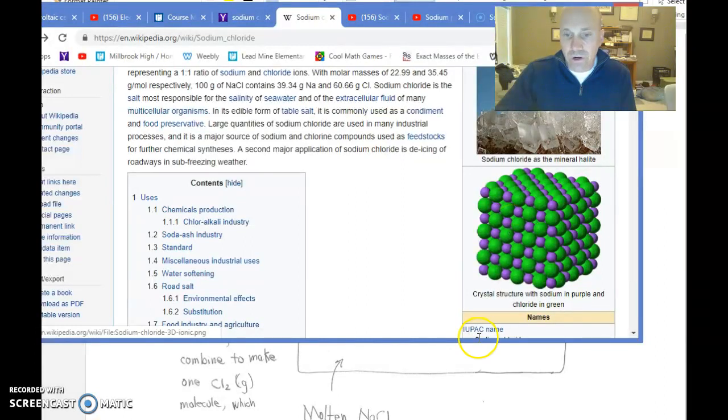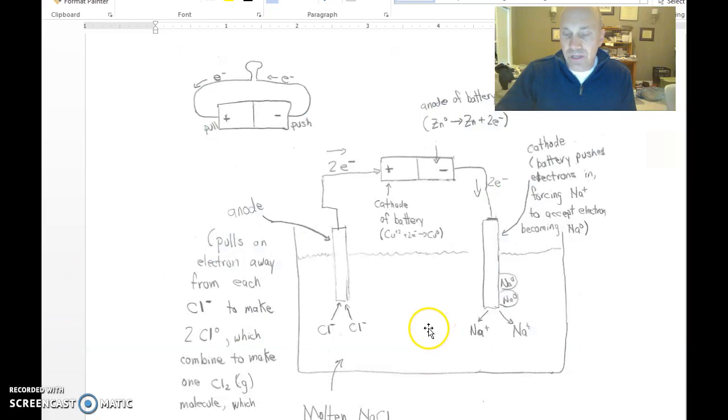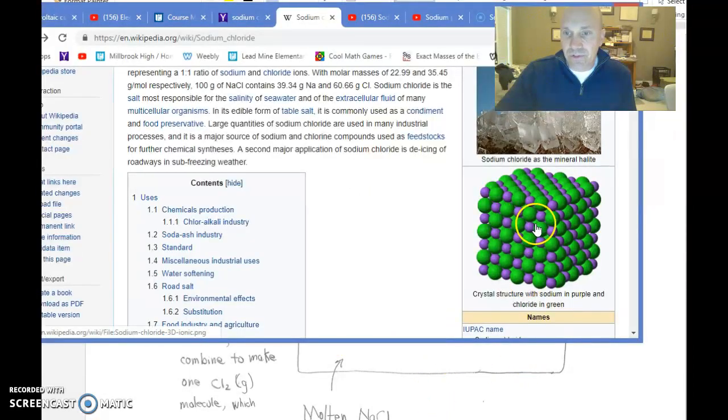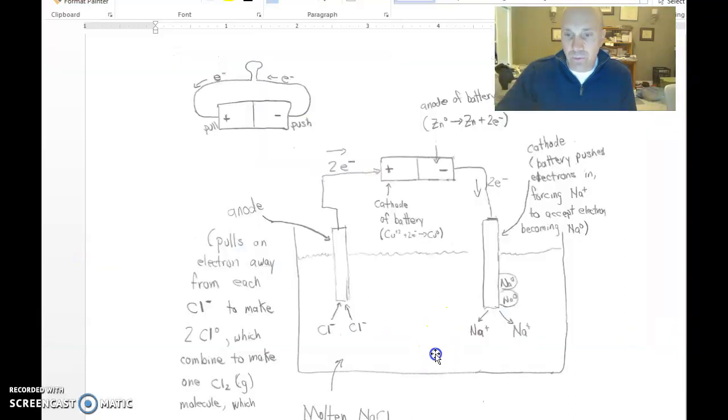In order for this process right here to occur, those ions have to be able to travel to either one electrode or the other. If it's in its solid form, they're not free to move around. But if we melt it, it would be like all of these purple and blue balls have the ability to slide past each other because it would be liquid. And that's what happens when you have a liquid.